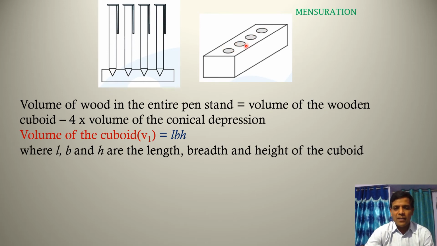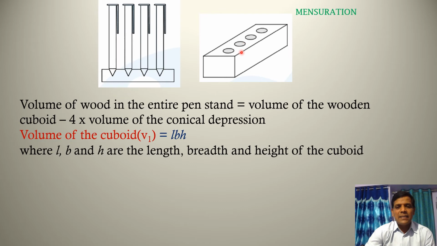Now we have to find the volume of the cuboid first. After that, the volume of one conical part. Next, multiply by 4 the volume of the conical part, and we get the volume of 4 conical depressions.